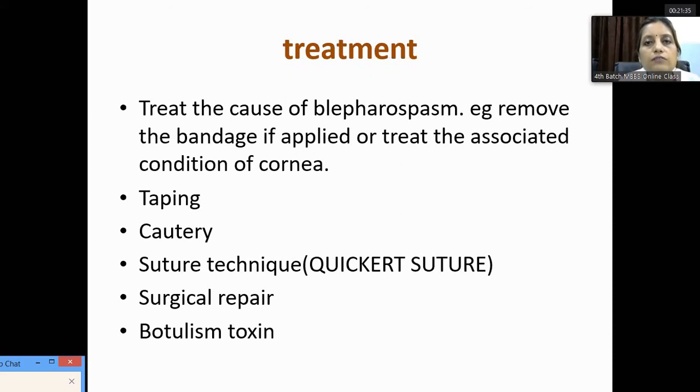Treat the cause of the blepharospasm and remove the bandage applied, or treat the associated conditions of the cornea. So if any irritating factors are there, then you have to remove them first, then you go for the surgery. Like taping, you can just put a tape, or cautery, or suture technique, or surgical repair, or sometimes botulinum toxin also.